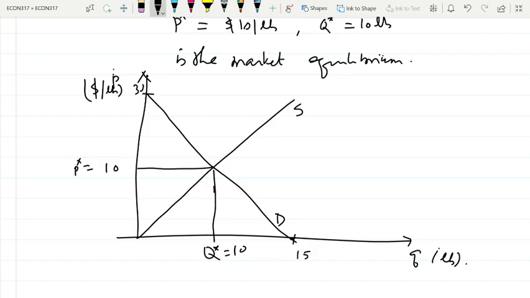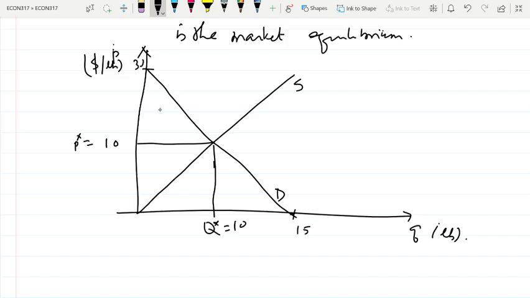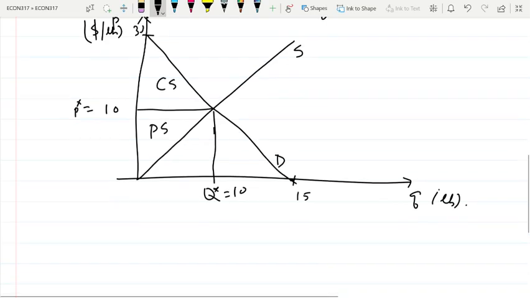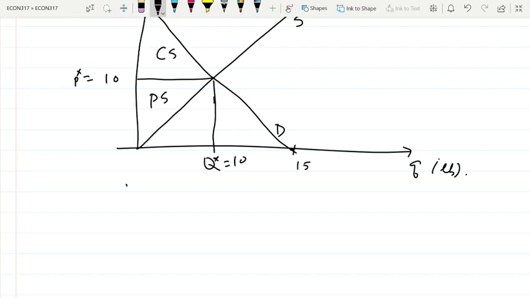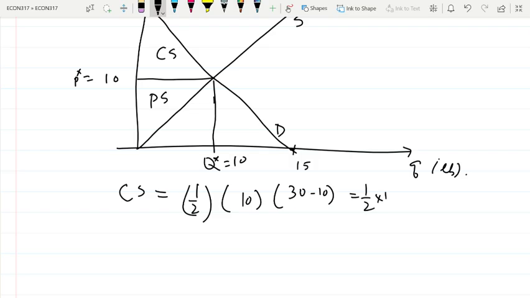Given this market equilibrium, we can find the consumer surplus, which is the area of the triangle here, and the producer surplus, which is the area of the triangle below. So let's do this computation. Consumer surplus: the area of the triangle is 1/2 times base, which is 10, times height, 30 minus 10. So 1/2 times 10 times 20 turns out to be 100.